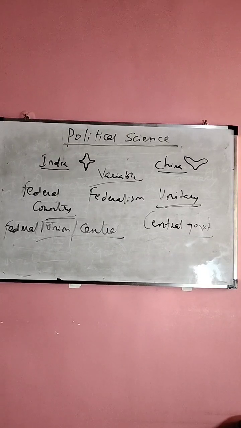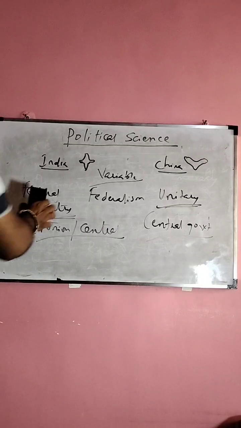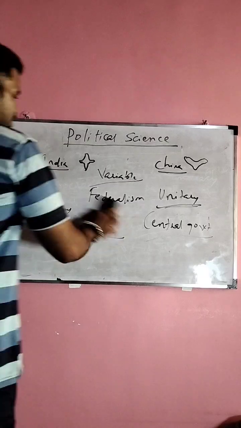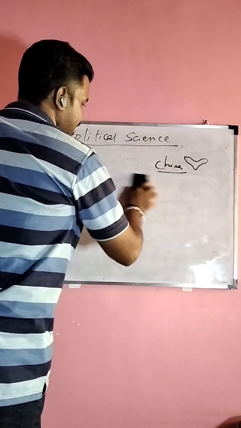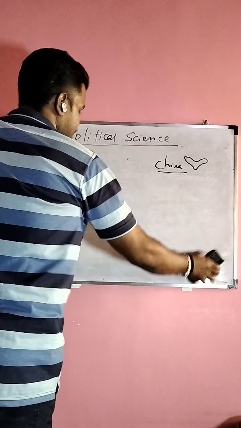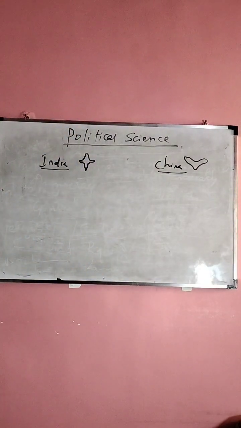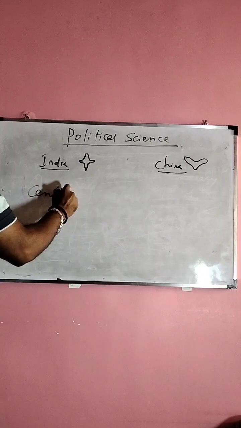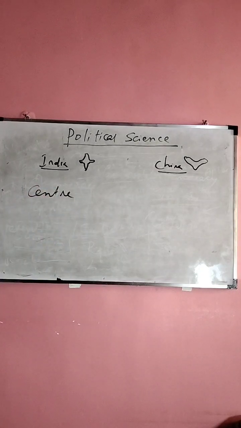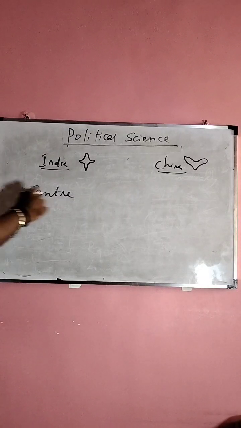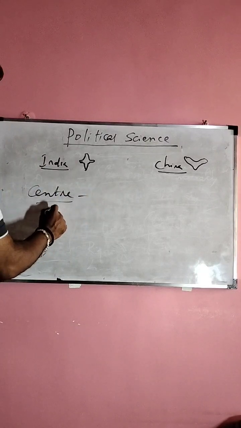Now let's apply the modern approach. The modern approach takes into account process, results, values substantially. You will now find out that even though India is federal, the power is tilted more in favor of the center. So India's federalism is not on the lines of American federalism where states have more power, but in India the center has more power.